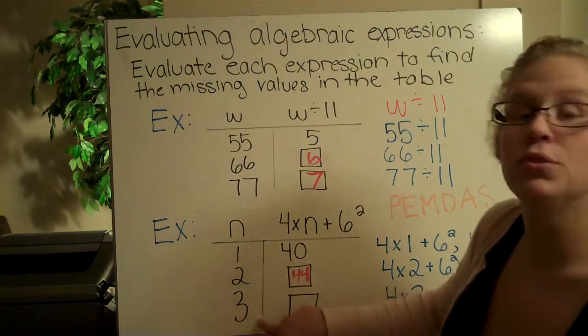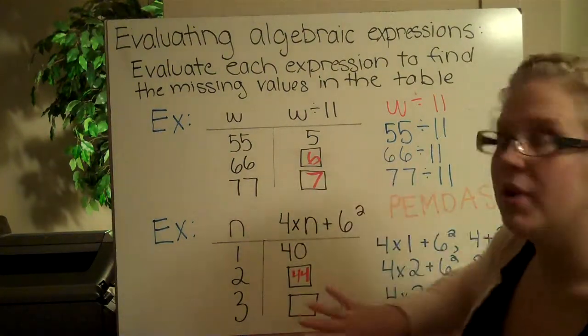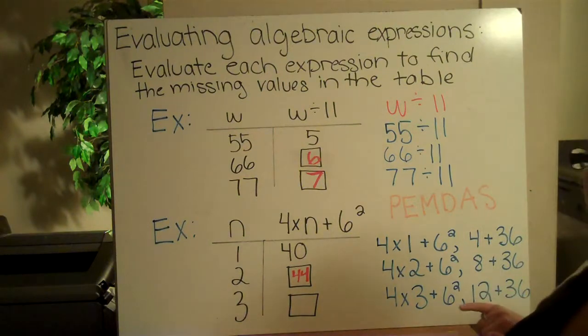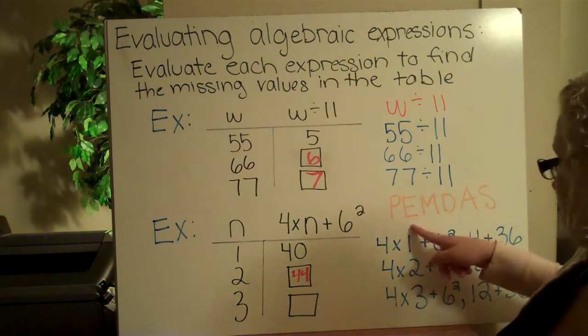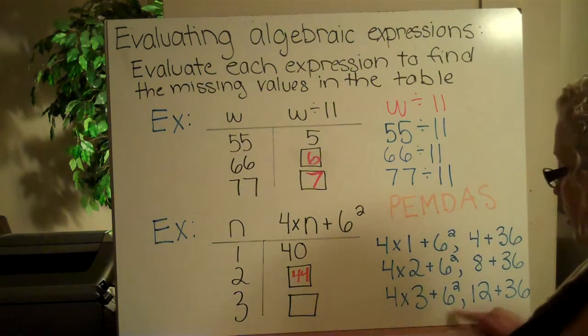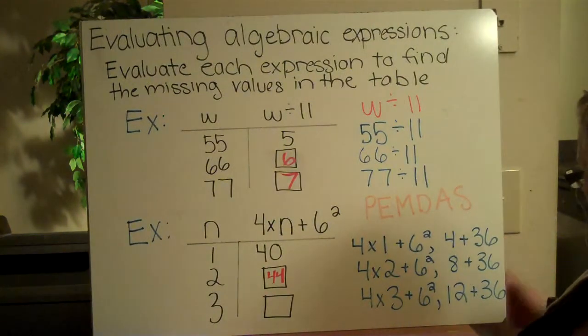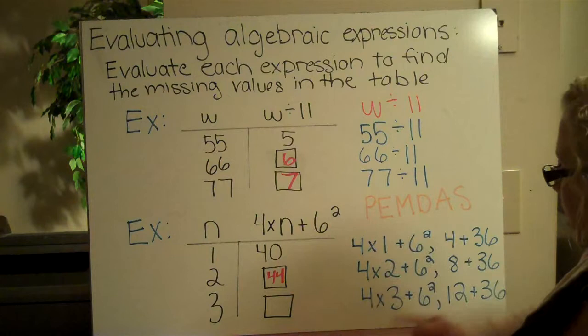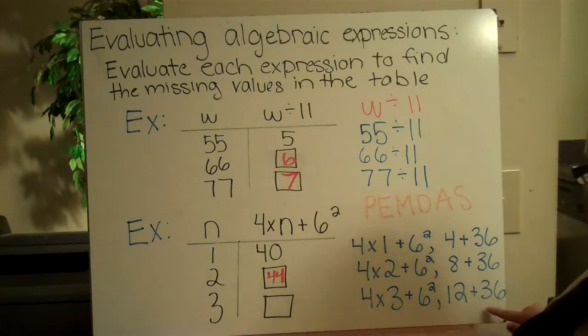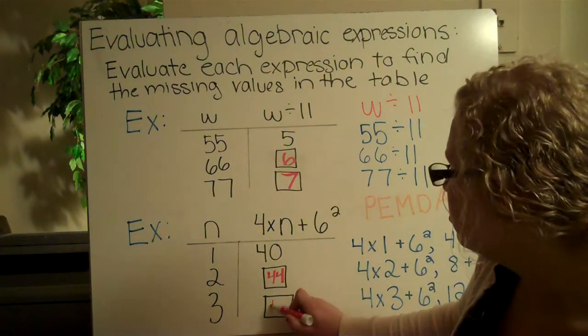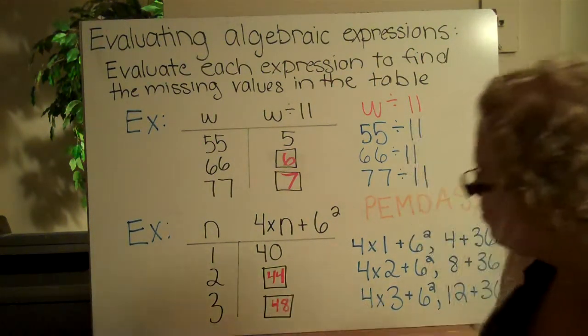Then, when n equals 3, we do the same process, and we plug in 3 for n, and we simplify. Our first rule is exponents. 6 squared is 36. And our next is multiplication. 4 times 3 is 12. 12 plus 36 now simplifies to 48.